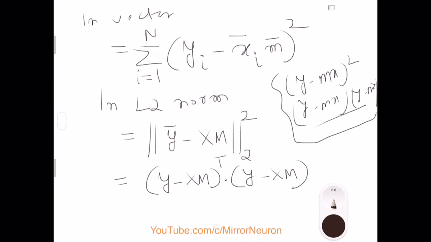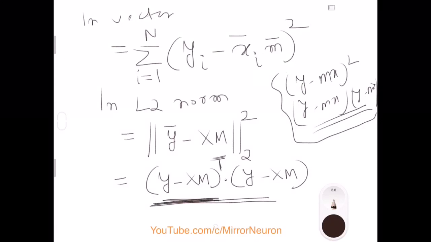In a single variable you could have just written it this way, but because this is a multiple dimension variable, we have to use the transpose and other things. But generally what it means is we are just trying to separate out the factors when we have a square. That's all. We are not trying to do anything fancy here. Just because it's a matrix, we have to make sure the dimension of this factor matches with the dimension of this factor, so that we can multiply it, and that is why we see all this fancy transpose and stuff.